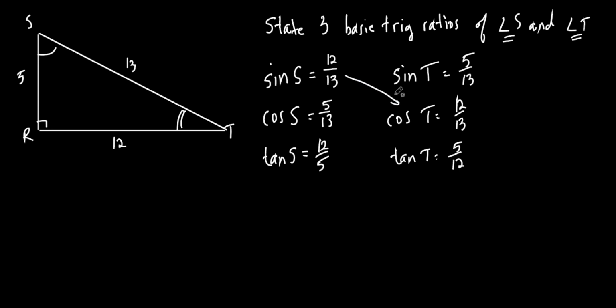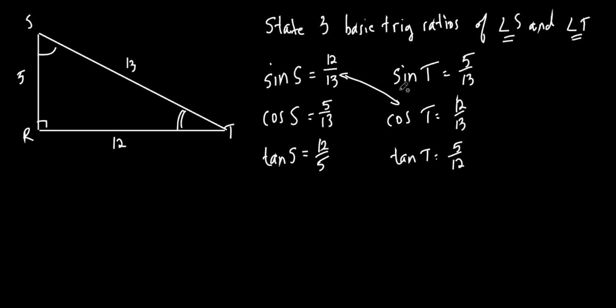So those are the same. So the sine of one angle is equal to the cosine of its complement. Aren't these two complements of each other? Yeah? All right. So you understand what I just said there? It's pretty important. The sine of one angle is equal to the cosine of the complement of that angle.